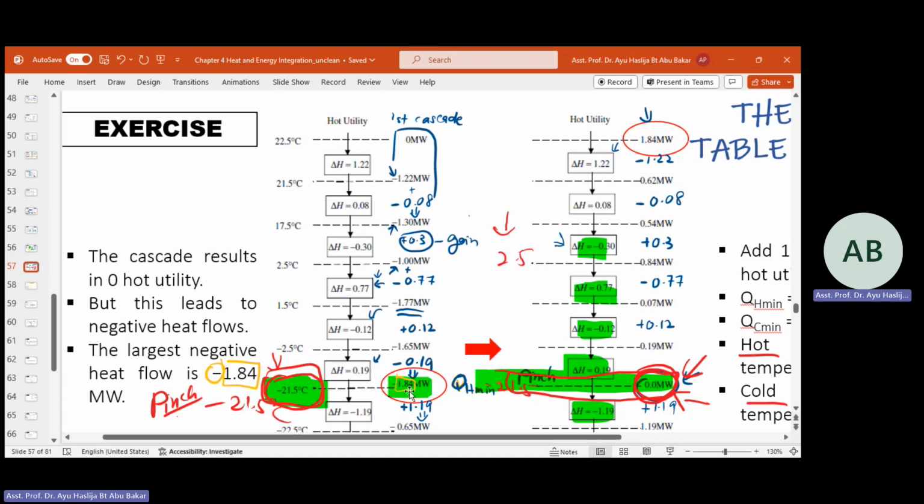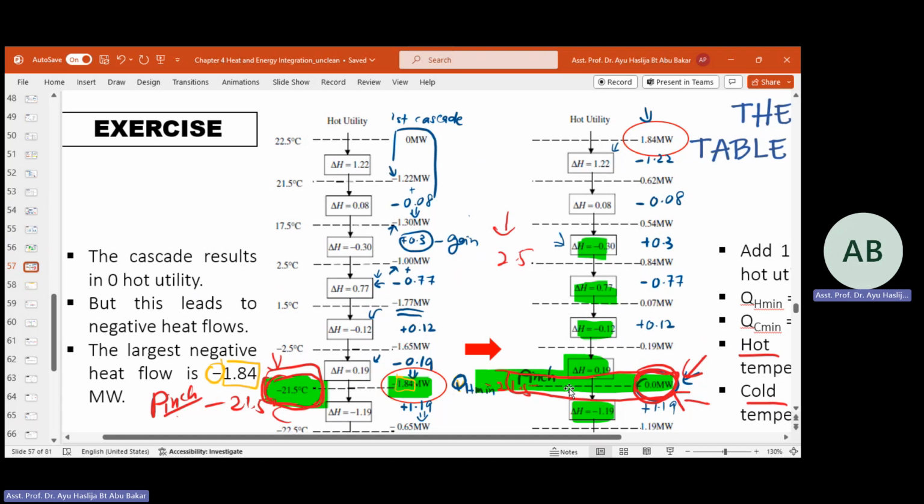Now, taking that hot utility, create the second cascade, until you get 0. The 0 megawatt is your pinch point. Pinch point, not yet the pinch temperature for hot and cold.